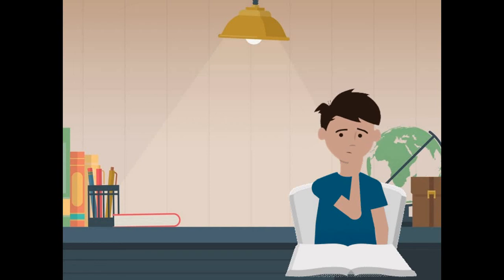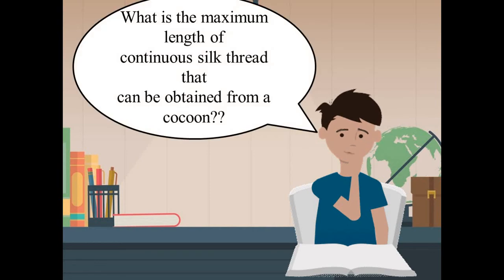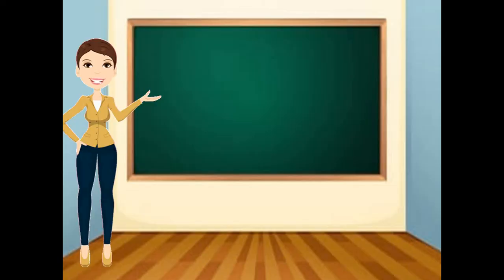Okay, so now you must be wondering, what is the maximum length of continuous silk thread that can be obtained from a cocoon? Very interesting question. I will definitely clear your doubt.